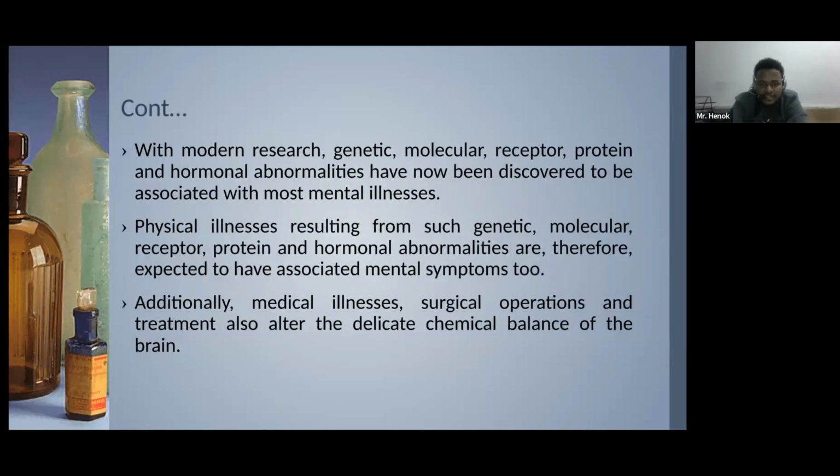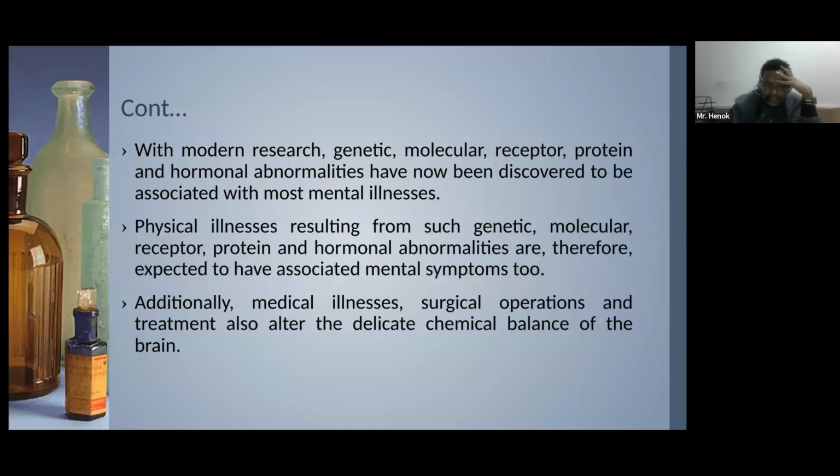Current modern research also shows that psychiatric conditions have biological causes, right? In older textbooks of psychiatry, you will find that the etiology or causes of psychiatric conditions are unknown, or they usually emphasize the psychosocial factors.